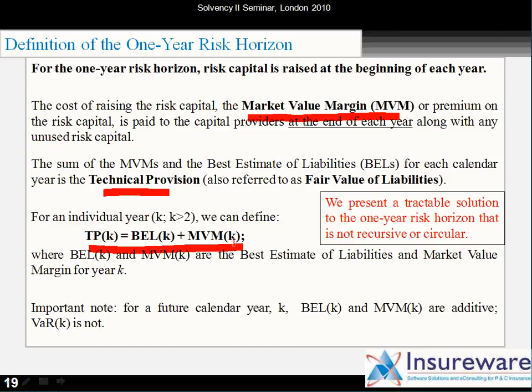You raise the capital at the beginning, and at the end of the year, some of the risk capital goes back to the capital providers, depending on the size of the losses, but you always pay back the market value margin.